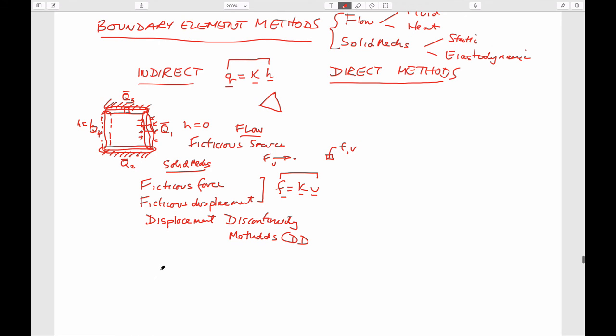And so the fundamental solution for the displacement discontinuity method is basically a crack. So it's a small crack, a bit like this idea of a slit source, and the crack can open in opening, or it can deform in shear.